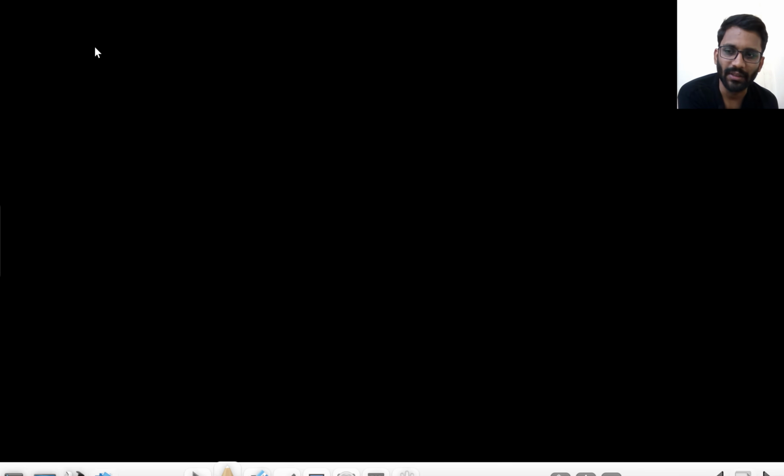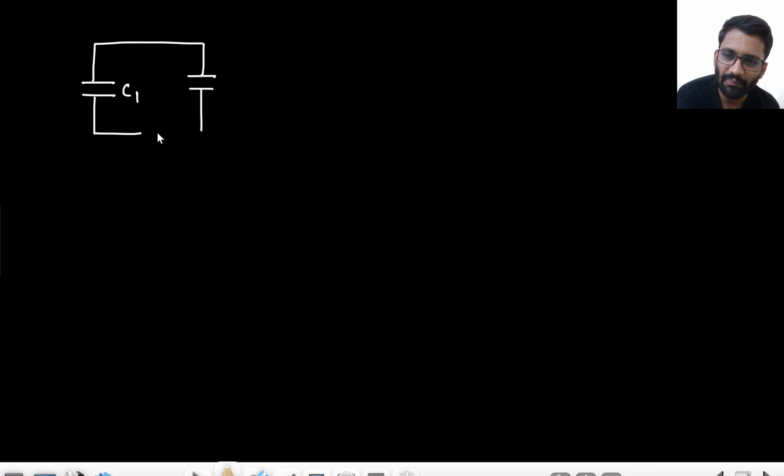So this is your circuit. C1, C2. This will be VC1, this will be VC2. This is already charged to 5 volt.